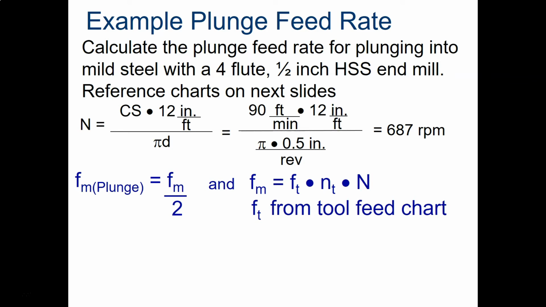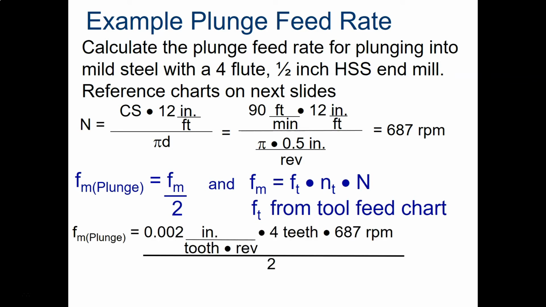Then we calculate the plunge feed rate, and again, we used a table to find the most conservative tool feed, and we found it to be 0.002 inches per tooth of revolution. This results in 2.7 inches per minute when we have divided by 2.